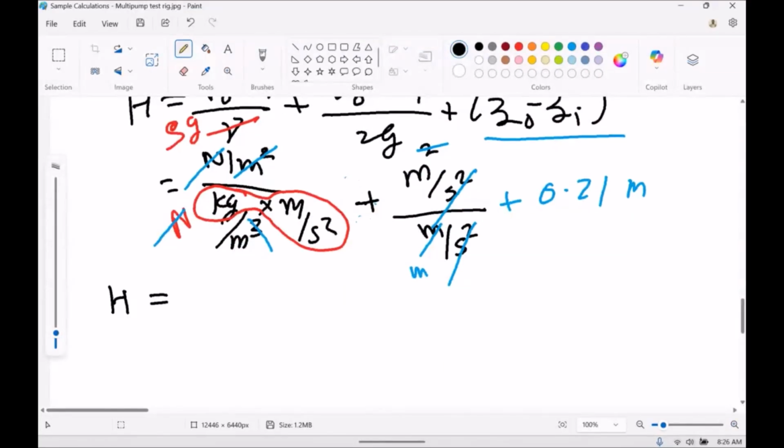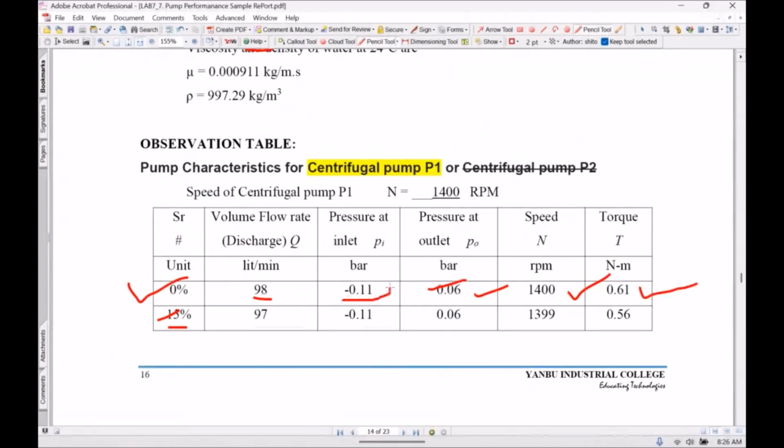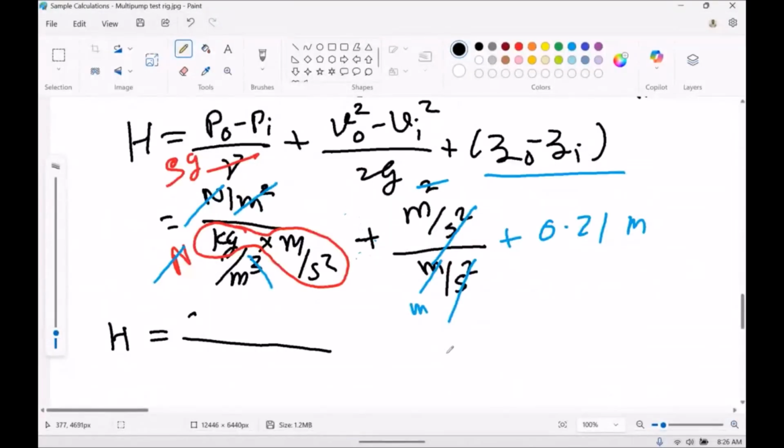H is equal to, now pressure at inlet is 0.01 bar and outlet is 0.06 bar. The pressure at outlet is 0.06 bar. Bar is not allowed, so multiply by 10 to the power 5. So this is Pascal, in the basic SI unit, primary SI unit. Minus, what is PI?